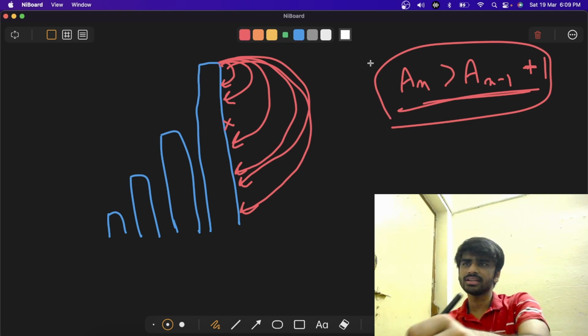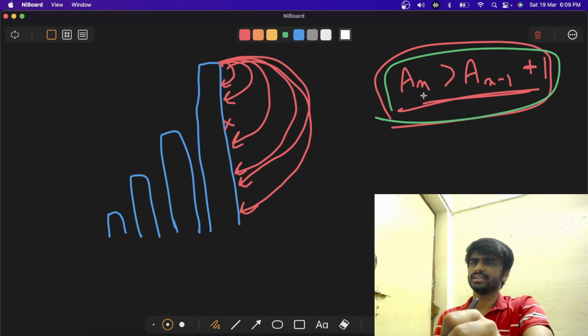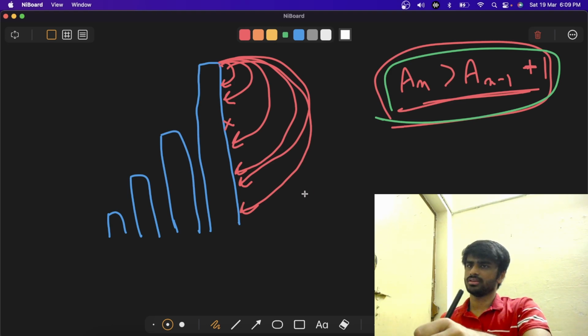So this is one condition, but this is not the only condition. But yes, this is one condition for sure. So the game is actually kind of easy for Alice.